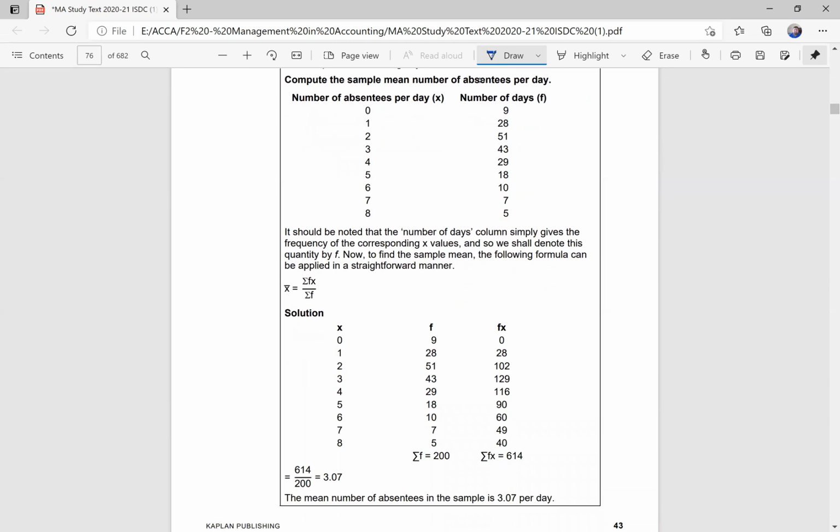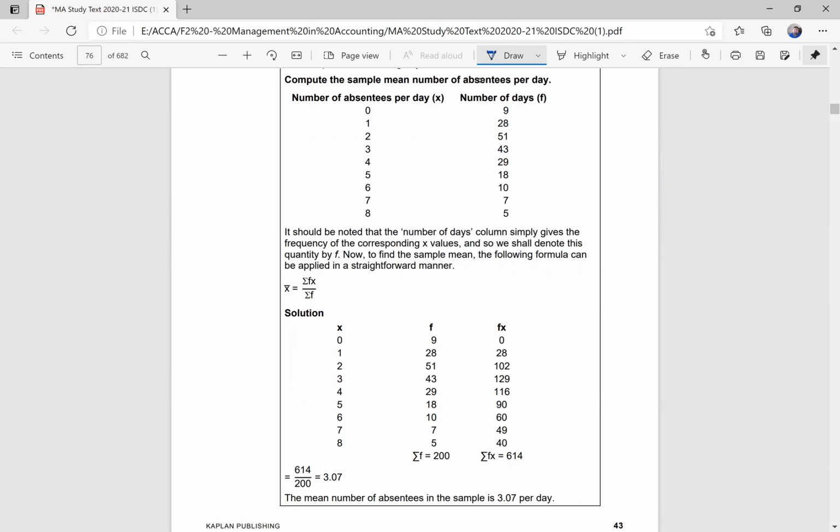So it is going to be 0 into 9, 0, 1 into 28, 28, 2 into 51, 102, and so on and so forth. This way you compute fx. Once you've computed that, add all of the fx numbers and you'll get sum of fx divided by the number of f that are given to you.